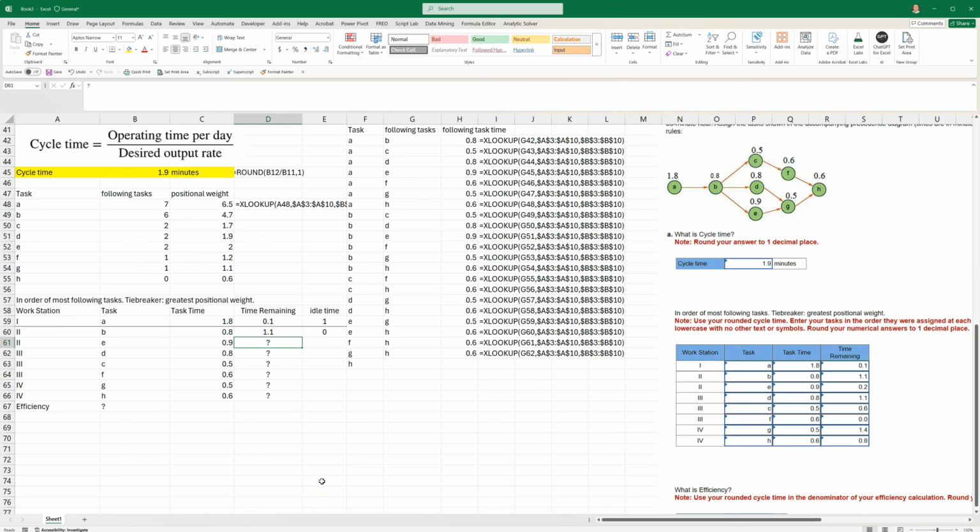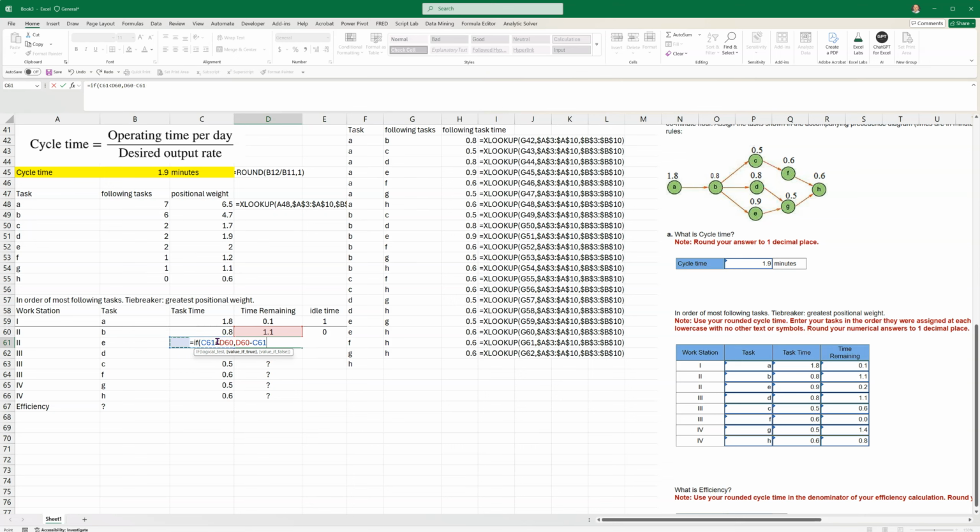So we could say equals IF this is less than this, then the time remaining is going to be equal to this minus this.